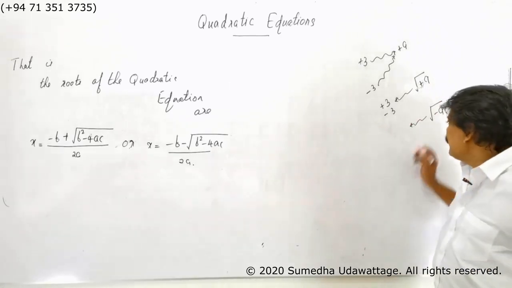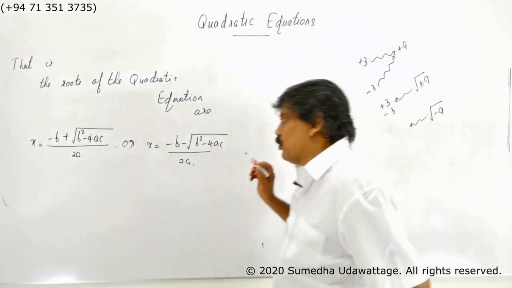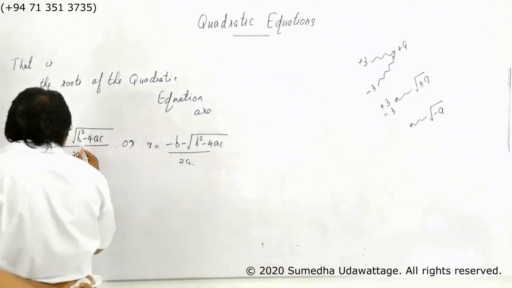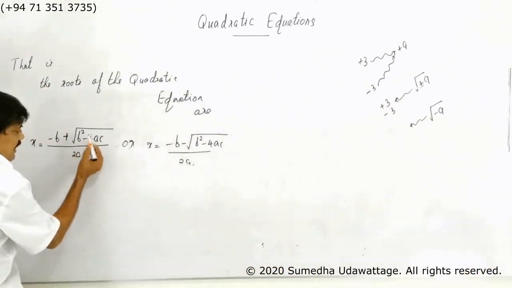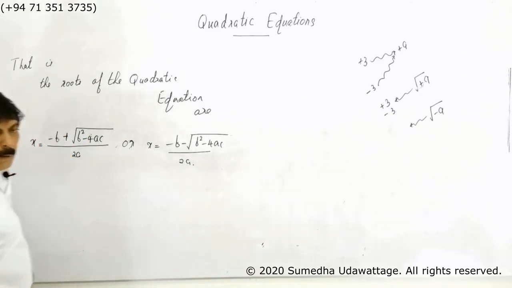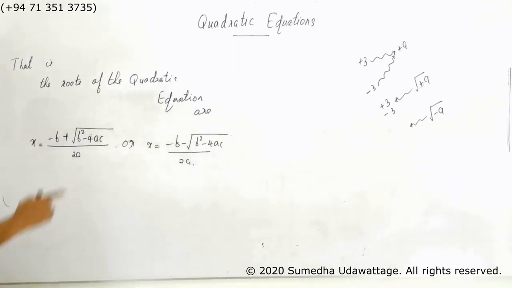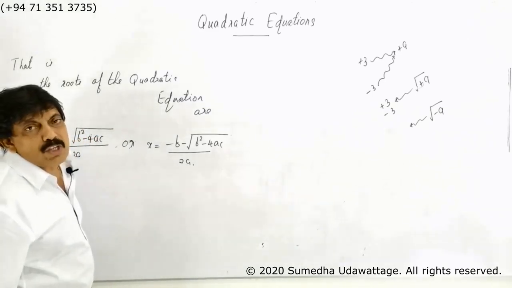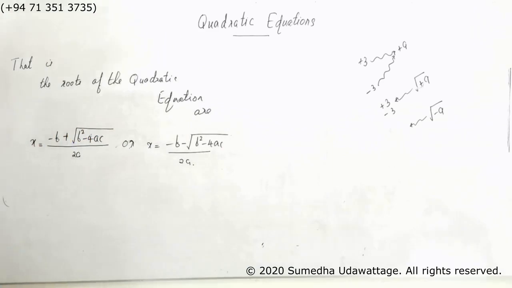Now, there's a value within the square root. When the value within the square root is plus, this is real. If this is minus, this becomes imaginary. When this becomes imaginary, we say the roots of the equation are imaginary.